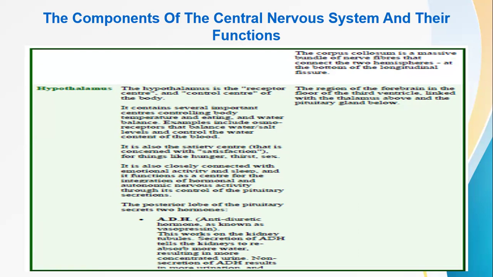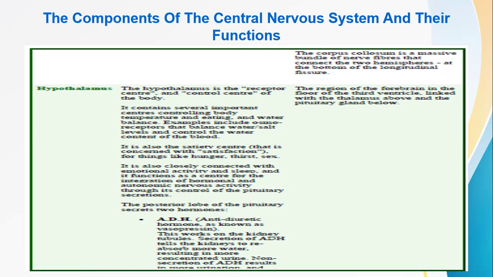It is a massive band of nerve fibers that helps to connect the two hemispheres at the bottom of the longitudinal fissure. It's not another part of the hemisphere, but it's there just to connect the two hemispheres. Moving on, the other component of the brain is the hypothalamus.